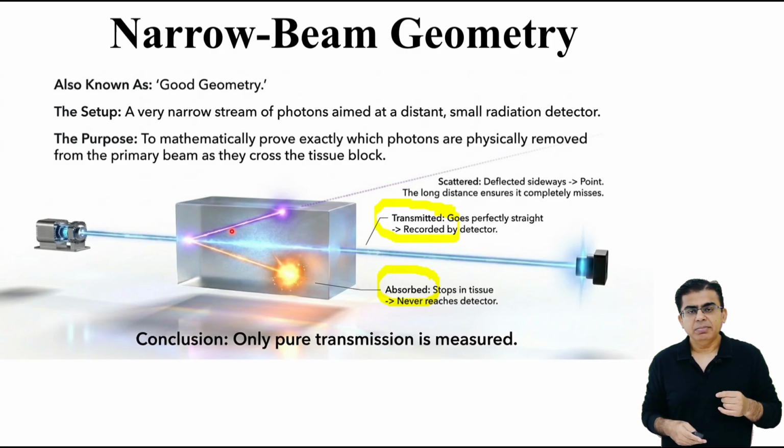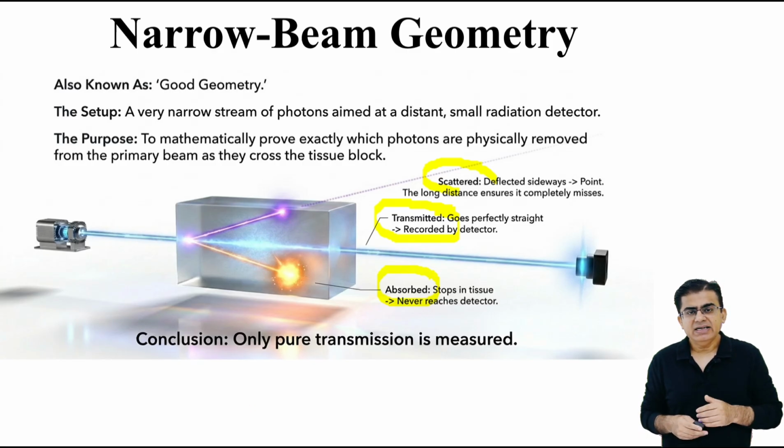Finally, look at the purple path. These photons hit an atom and are scattered sideways. This is where the long distance becomes extremely important. Because the detector is so small and placed so far away from the phantom, these scattered photons do not reach the detector.